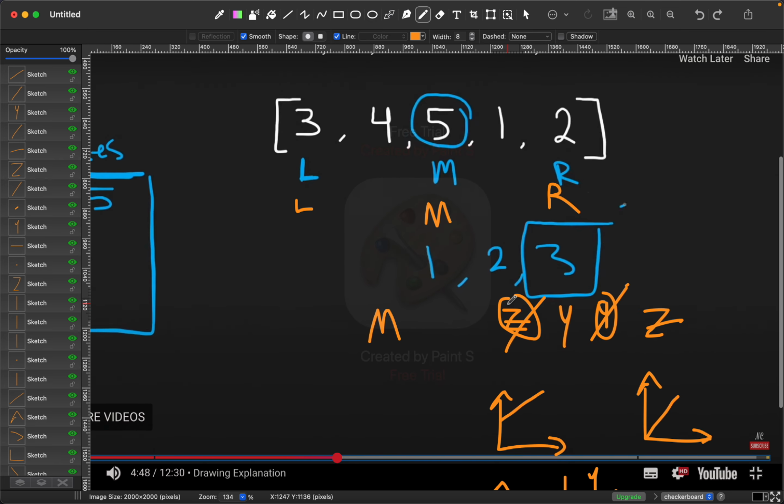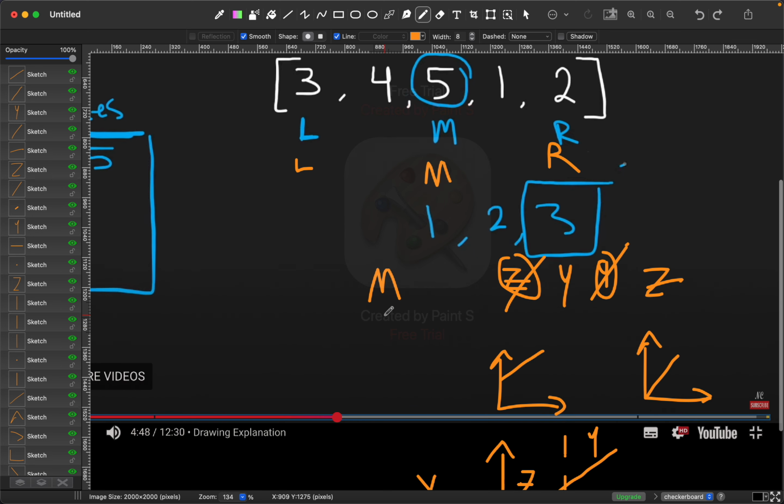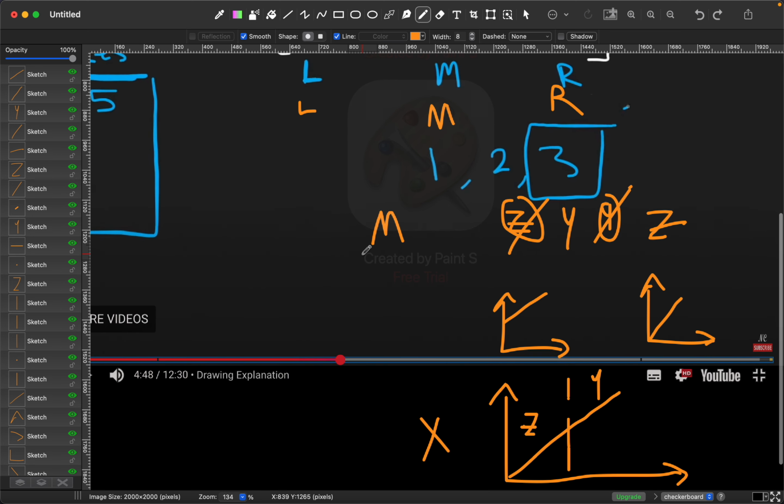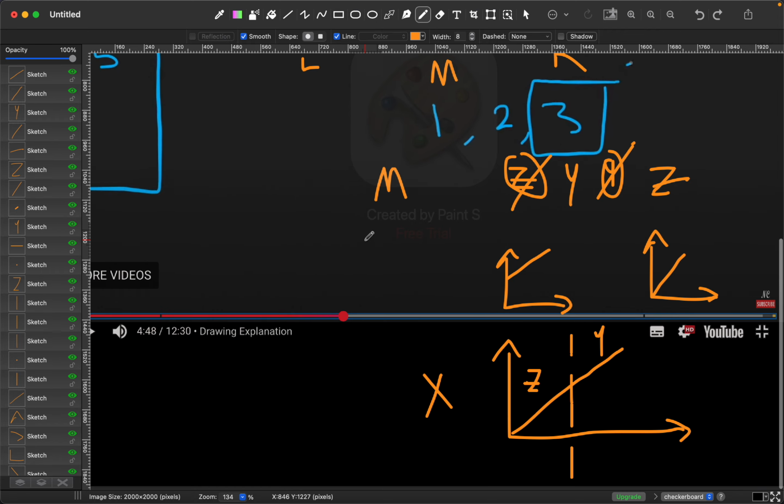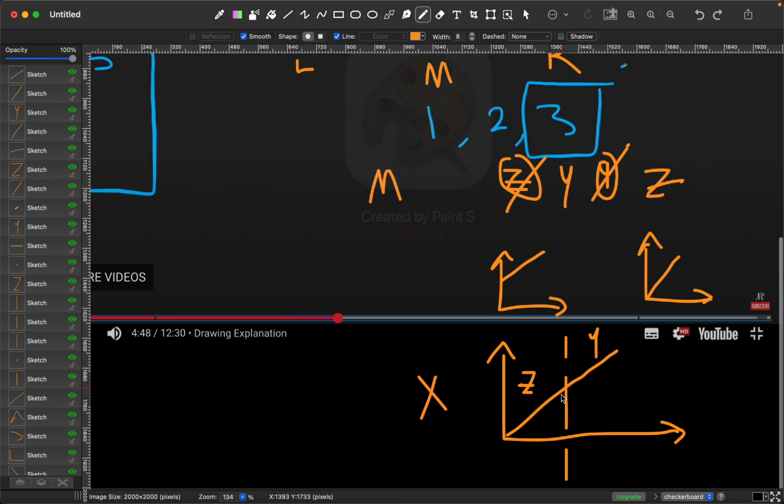And then now back to our operation over here. In a normal situation, our L is over here, and our M is usually more than our L. That's for the normal case scenario, right?